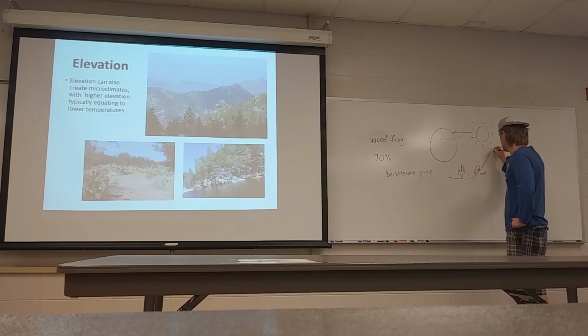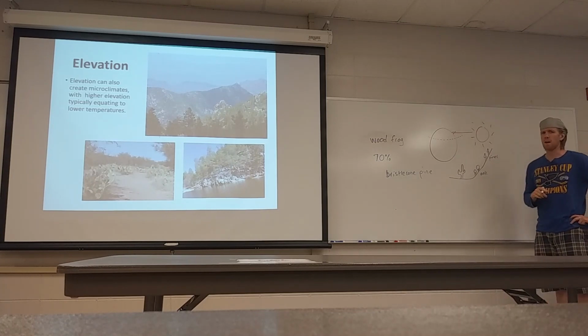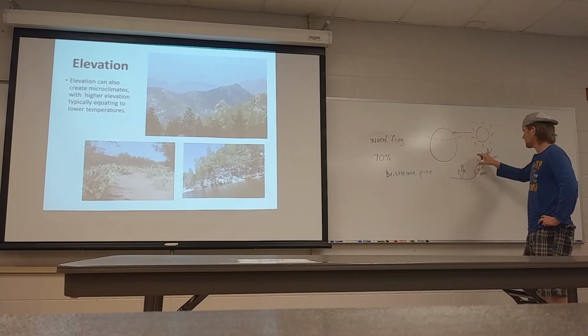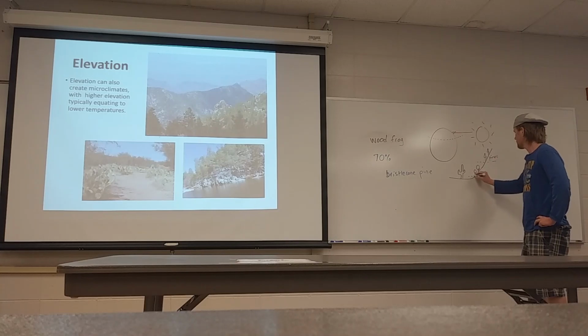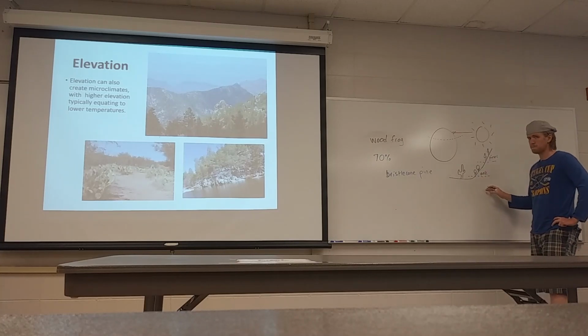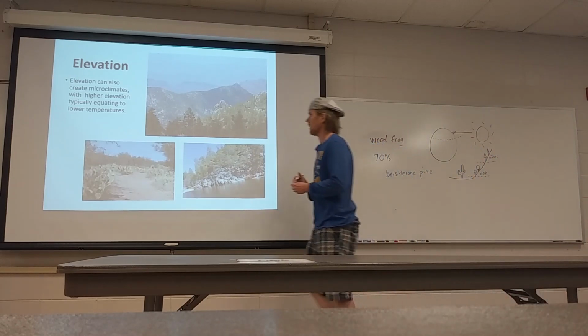And then as you move your way higher, you get conifers, pines, mostly pine down there. And so it's different microclimates depending on your elevation, which ultimately has to do with temperature, right?